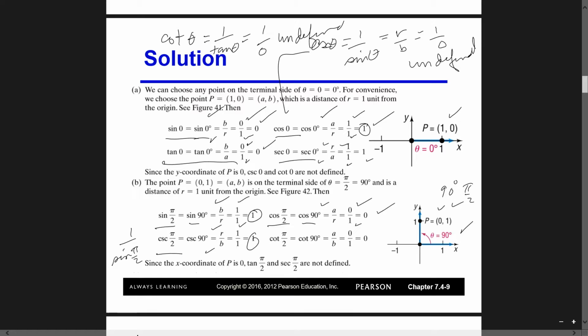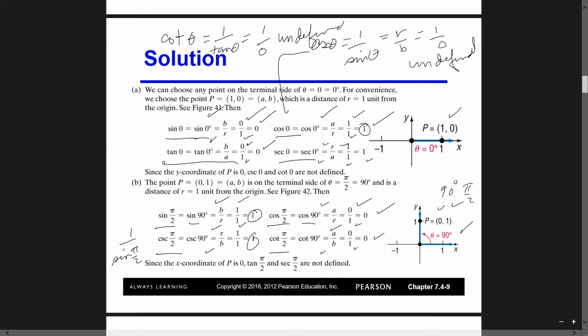And then cotangent of pi over 2 is equal to a over b, which is 0 over 1 equals 0.